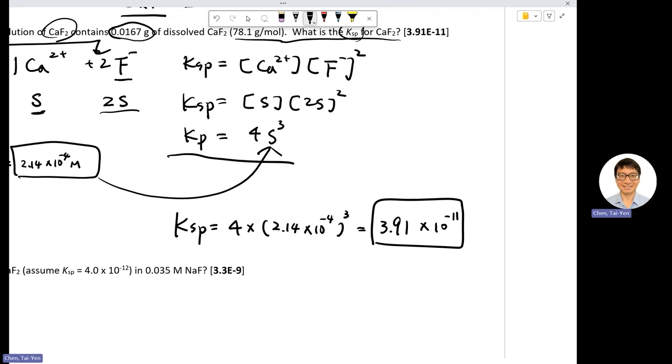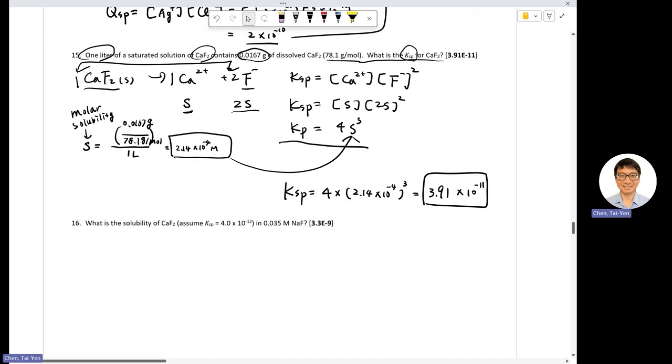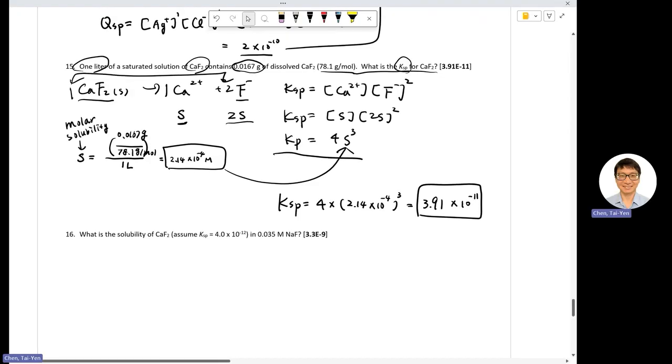So this is another type of question you're going to encounter. But again, it's the same way of solving the problem, right? You always need to write out the first equation. Okay, and then you also need to know how to write your KSP equation. Then you should know how to write things if you translate into a solubility. And then you should know the solubility must use the unit of molar solubility. Okay, so that's pretty much all.